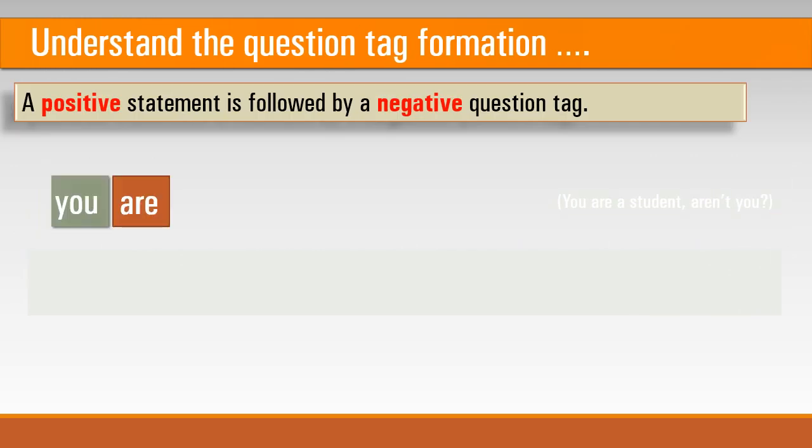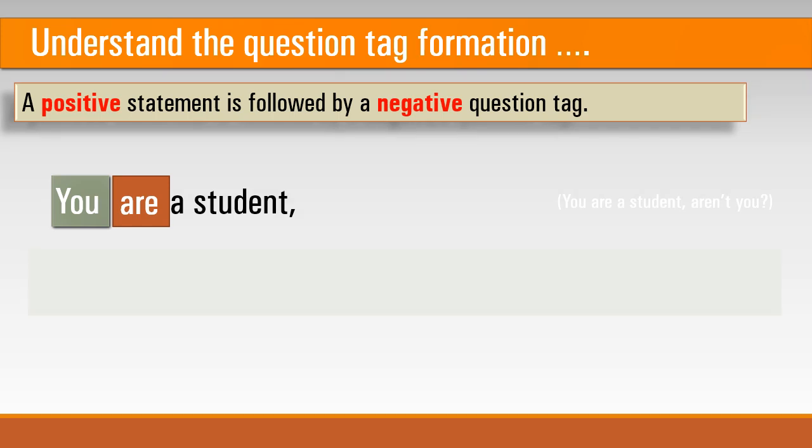So now, let us try to understand how to form a question tag. The rule says a positive statement is followed by a negative question tag. So, a positive statement is given here, you are a student. A negative question means it should have the words like no or not.